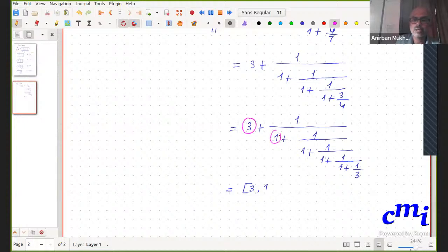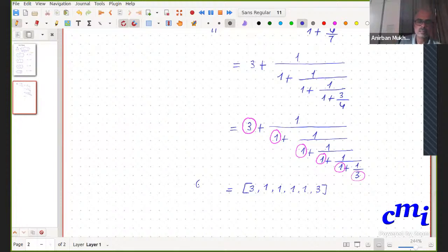So the numerators are always going to be 1. So we just have to pick these numbers. Here we have 4 ones, but they are not necessarily 1. So we just need these numbers. So if we know these numbers, we can write this down. So 3, 1, 1, 1, 1, and then 3.